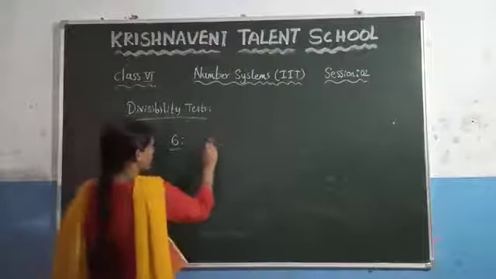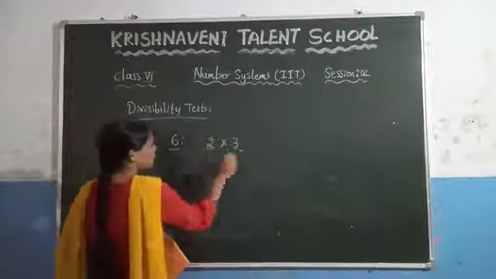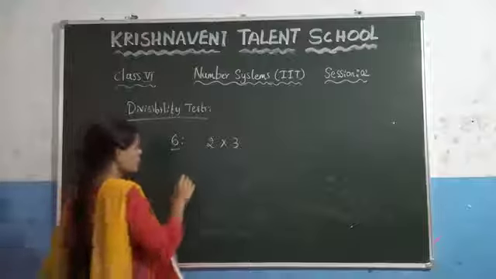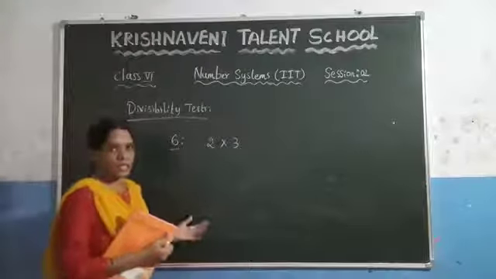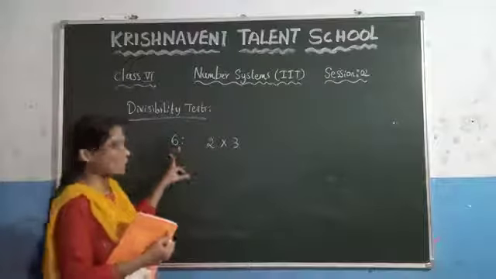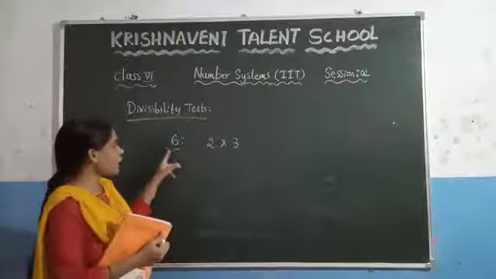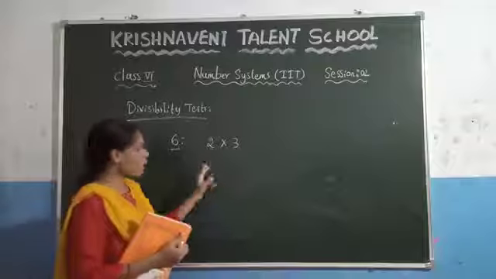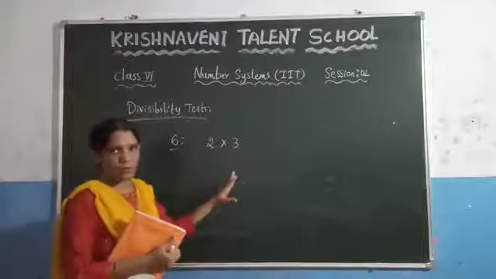So you can write 6 as 2 into 3. You know that both are prime numbers. If the given number is divisible by both 2 and 3, then we can say that the number is divisible by 6, because we have written 6 as a product of two prime numbers.